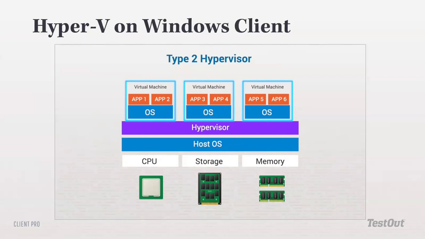This is an alternative that most of us probably would use, where we do need one host operating system that we use for most things, and then we use VMs for certain things, right?